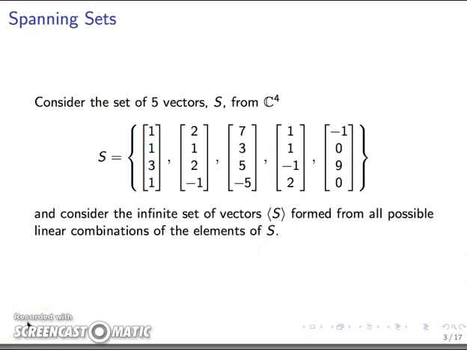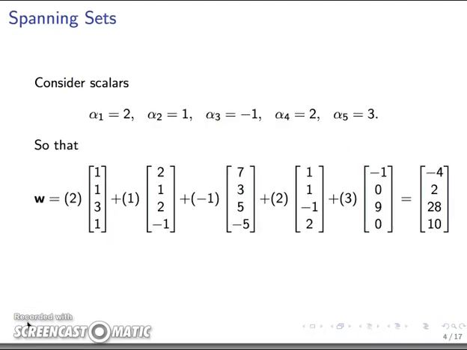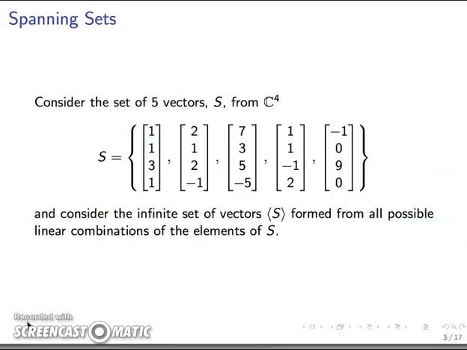So here's an example. Consider a set that contains 5 column vectors, each of them with 4 entries. Now let's consider all possible linear combinations, in other words, the span of S. Even though we are considering the span, let's consider one member of the span.